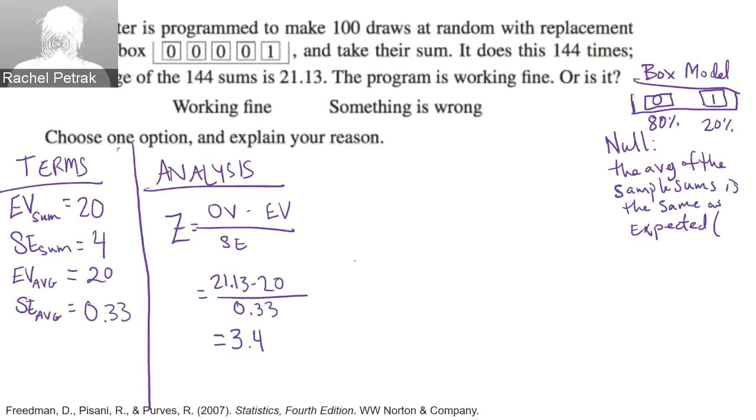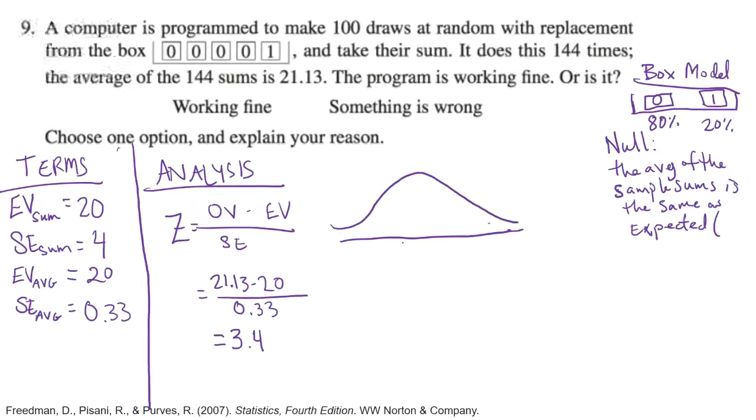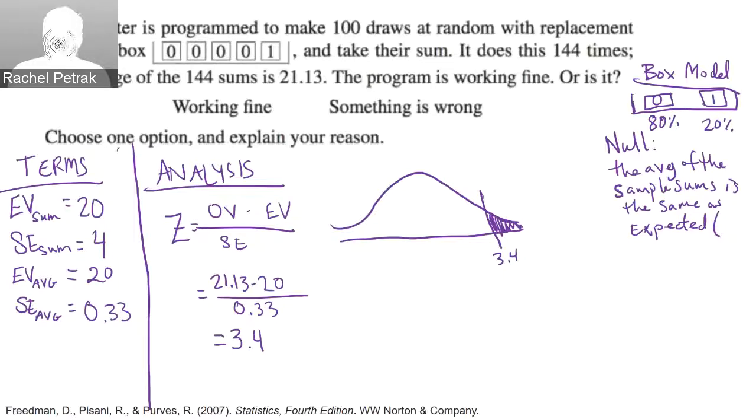Given what we already know about the Z distribution and where a score of 3.4 falls, we could look up this exact p-value.